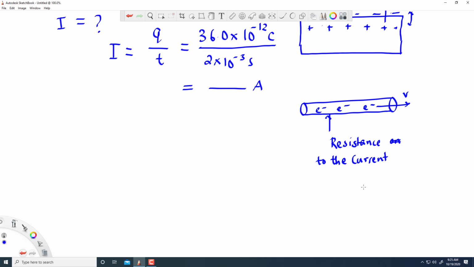What causes that resistance? Can you guys guess what causes the resistance? Material, yeah, material. But what property of material causes that?